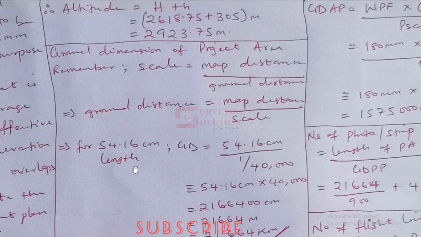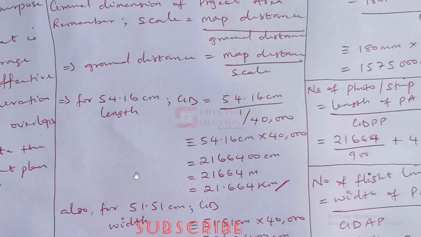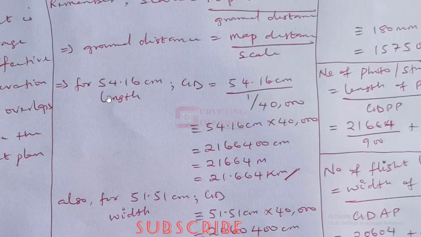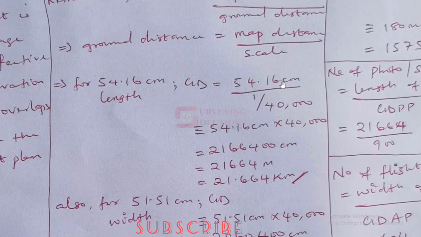Let's just use that for the purpose of the video. So, having established that the scale is map distance over ground distance and your ground distance is equal to the map distance over scale, this now implies that for the 54.16 centimeter, which is the length because it's actually the longer side, the ground distance will be 54.16 centimeter, which is the map distance, over the scale, which is 1 over 40,000.